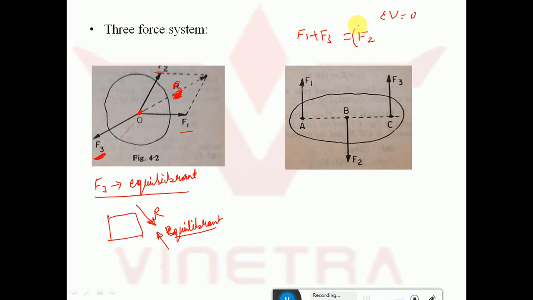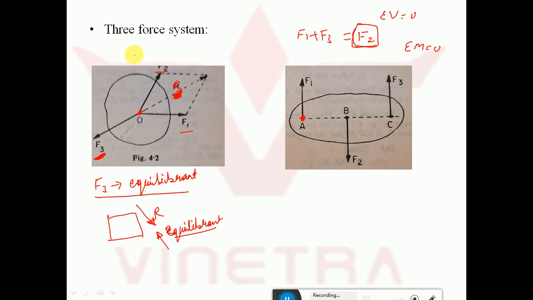The magnitude of F2 should be such that, if I take moments about point A, the moment produced by F3 and the moment produced by F2 algebraically become 0. Then only the system will come into equilibrium. Otherwise this system will not be in equilibrium.